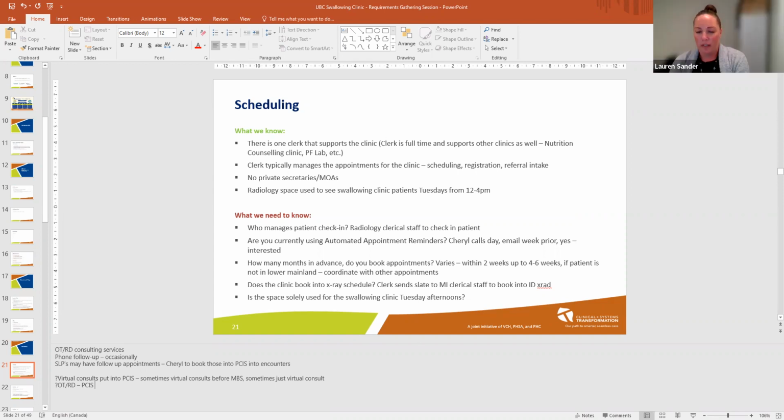We can double check the details with Cheryl when she's back next week. But I believe that she is entering the MBS3, I think is the code, into PCIS and scheduling it in there, but I don't know that she's adding any other providers in there for it. She is sending an email to include the RD and the OT and the SLP so that they are aware of the upcoming slate. But I don't think that that information is being added into PCIS with the MBS booking.